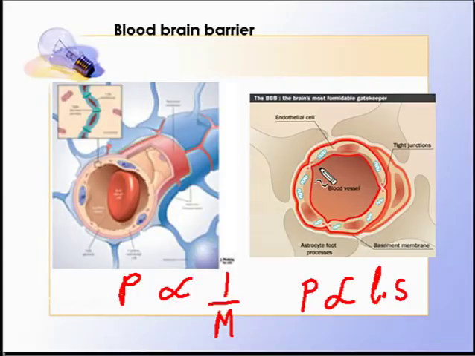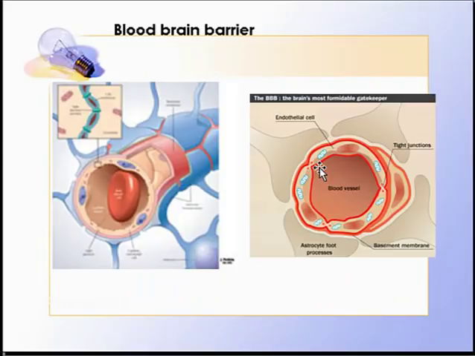Now let's look at the blood-brain barrier and what it's formed by. If you look at this picture, this is the lumen of the capillary and this is the blood inside. The lumen of the capillary is separated from the brain tissue, which is here, by the endothelial cells of the capillary, their basement membrane, and the foot processes of these astrocytes.